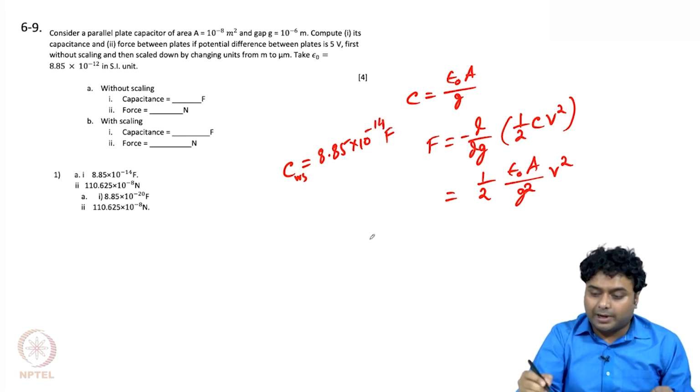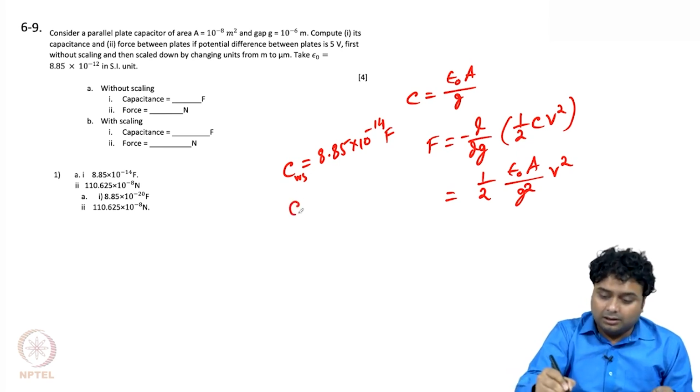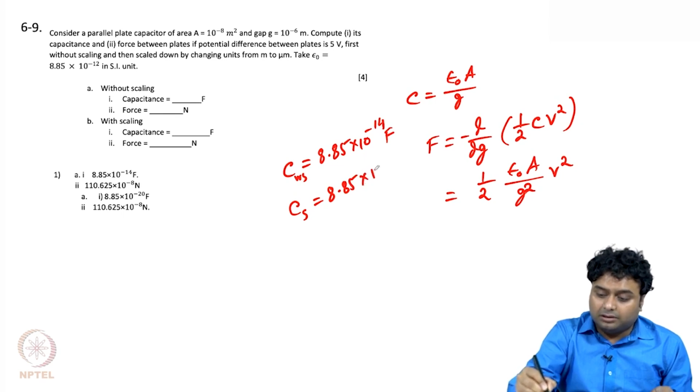Whereas if you convert from meter to micrometer, then the scaled C is equal to 8.85 into 10 to the power minus 20.